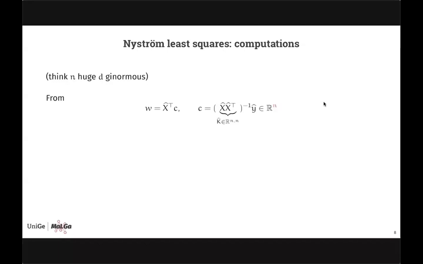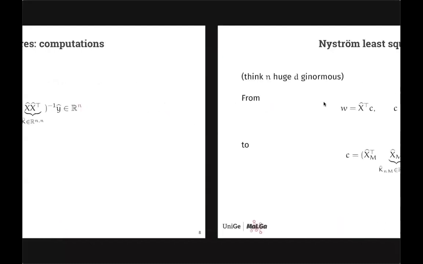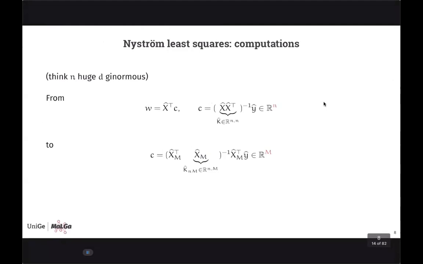I'm just rewriting the form of the pseudo inverse in the case where n is large but smaller than d. And if now I write the same kind of equations for my reduced linear system, the one where I use the projected data, then the expression of C is now given by this expression here.